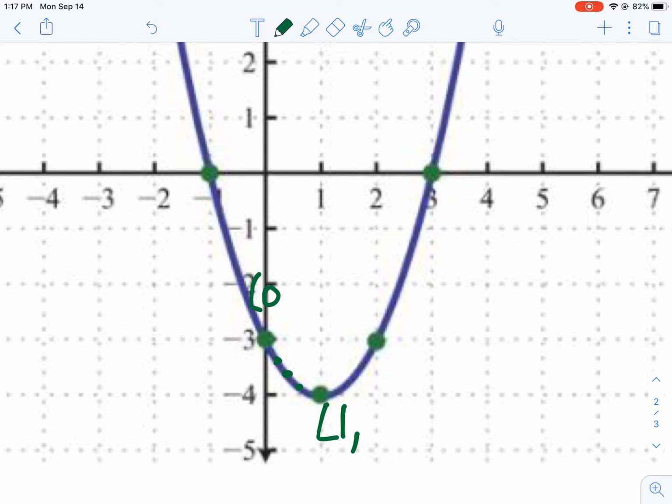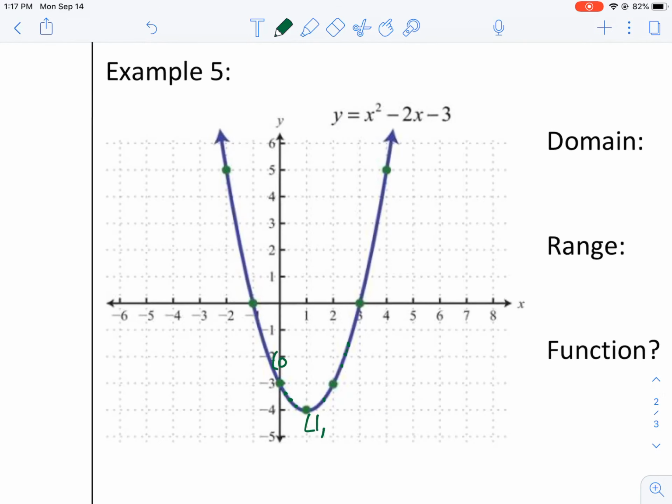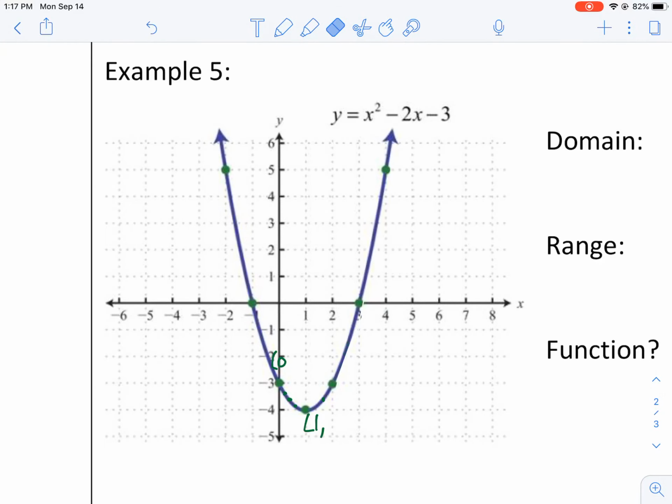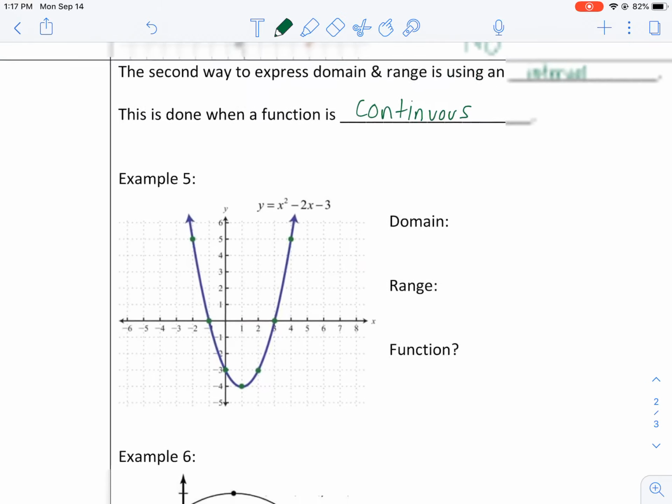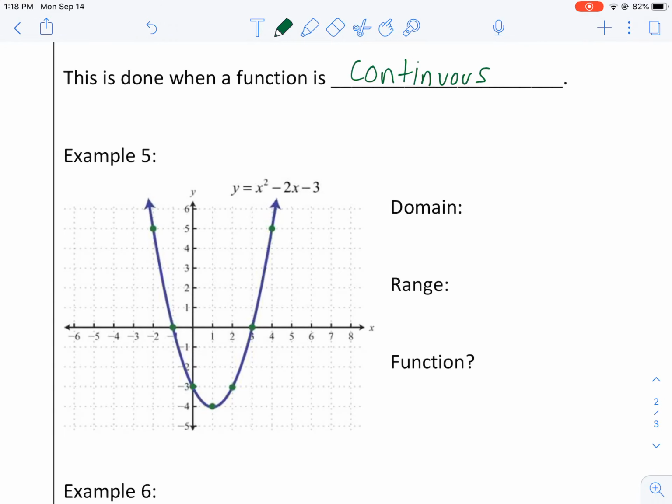And you could go on forever. 1.5, 2.5, 2.25, 2.3, 2.31, it's forever. There's an infinite amount of little decimals and fractions where points exist on this line because this line is continuous. So you cannot list out the curly brackets and numbers if you have a line that is connected like this.